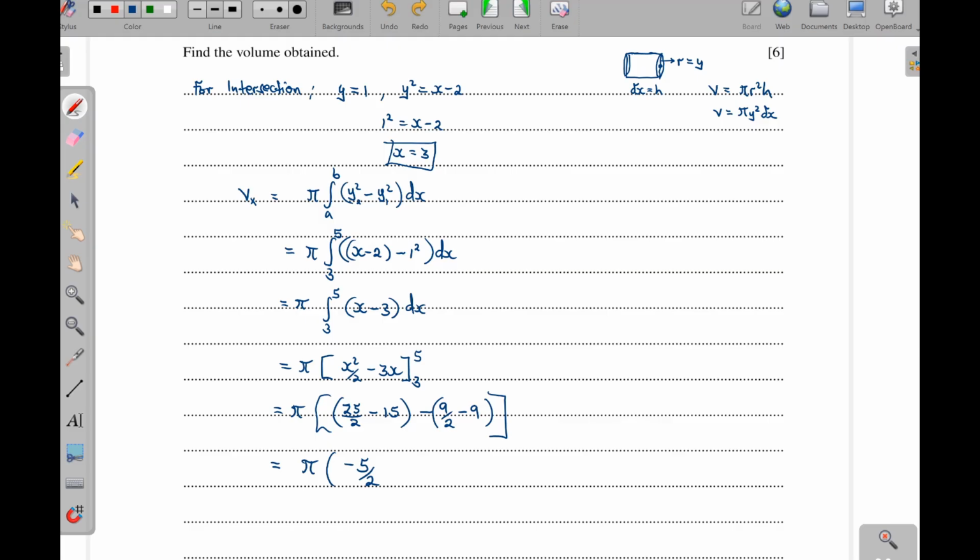So negative 9 over 2, but then it will become a plus because there is a minus here. And then 9 minus 5, what do you get? 4 over 2, that is a 2. So the answer becomes 2 pi. And that is that. If you want, you can write it to 3 significant figures, but I can just leave it there.